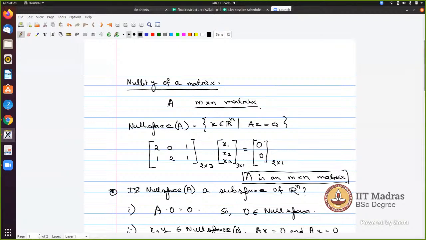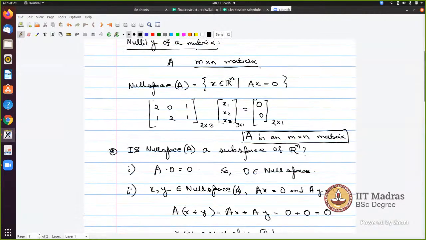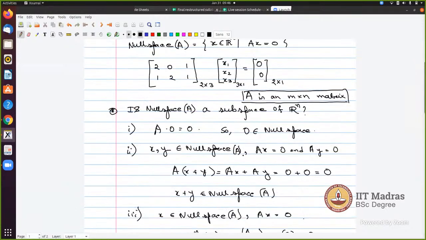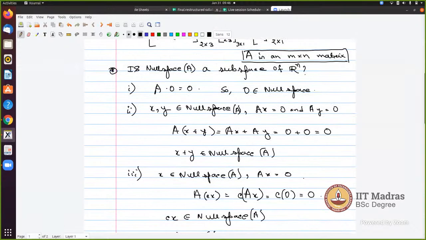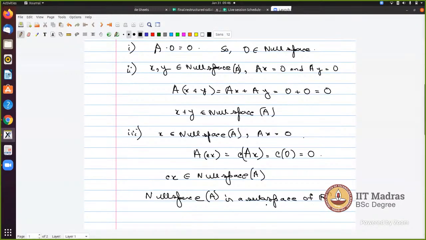Then all such vectors in Rn such that Ax equal to 0, because if A is M cross N, then this x should come from N cross 1, so we can take it as a vector in Rn. And just now I have shown that null space is a subspace of Rn, because 0 is there, and it is closed under addition and scalar multiplication. Till now we have discussed that much.